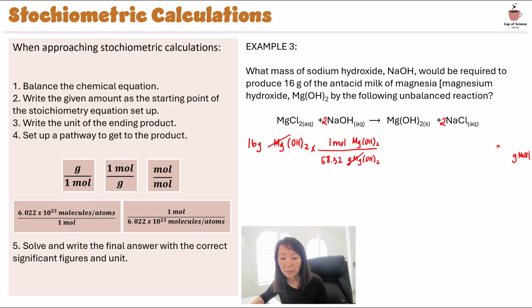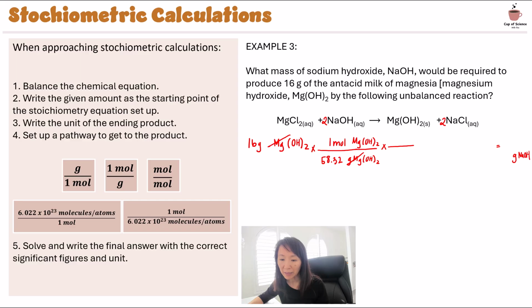I have moles of magnesium hydroxide, which I can get rid of by utilizing the mole to mole ratio. Why do we even want to get rid of a mole? That's because we want to change it into moles of sodium hydroxide. Our goal is to get from magnesium hydroxide to sodium hydroxide, so the only way to do that is the mole to mole ratio.